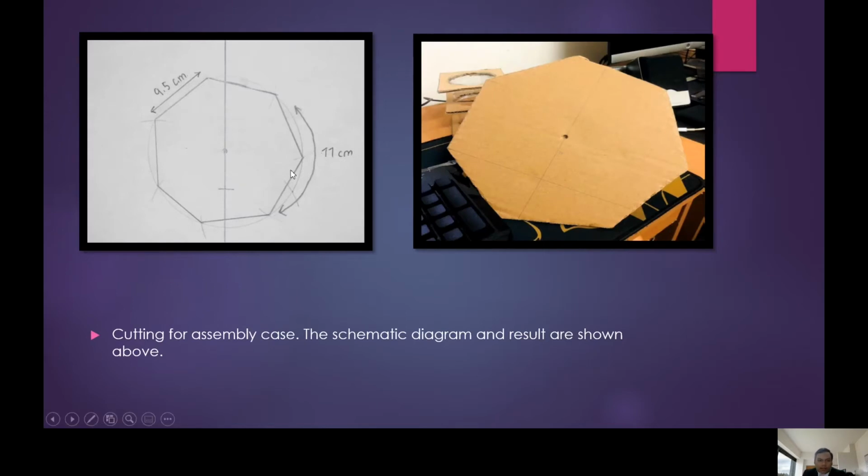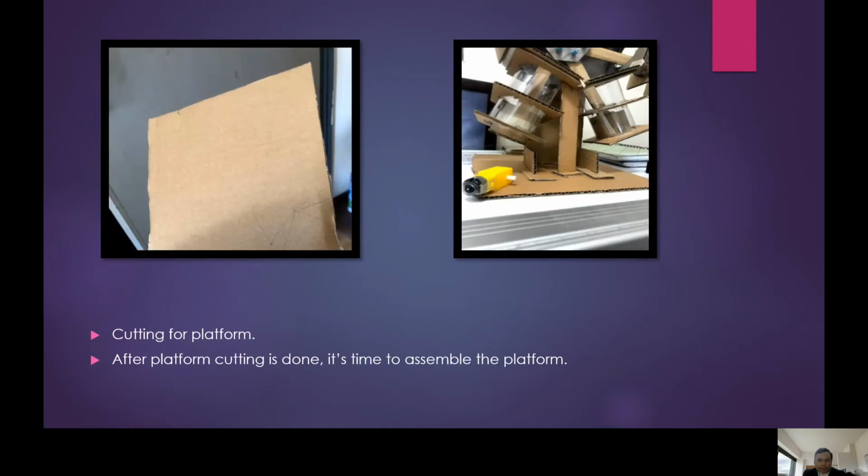Okay, this is the schematic diagram, which I made using the heptagon drawing, but in bigger size. And here are the results. Okay, platform. For platform cutting, this is the cutting I've done, and here is the result.